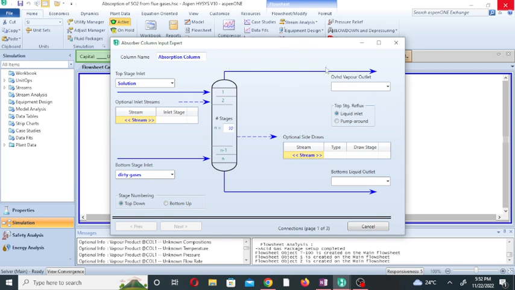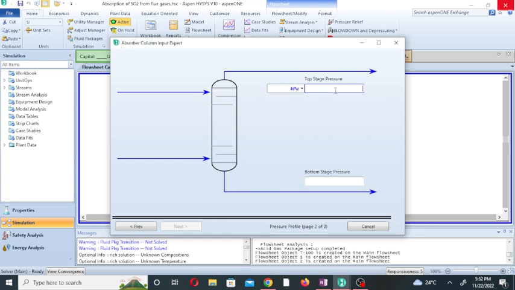In these gases there will be less sulfur dioxide as compared to this stream. So this is the lean gases, and this is the rich solution.